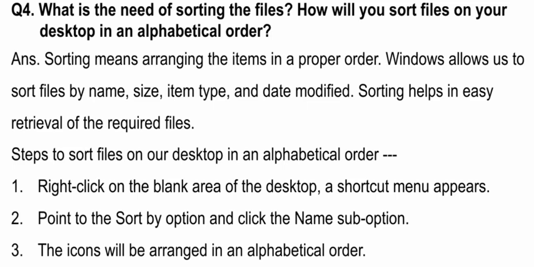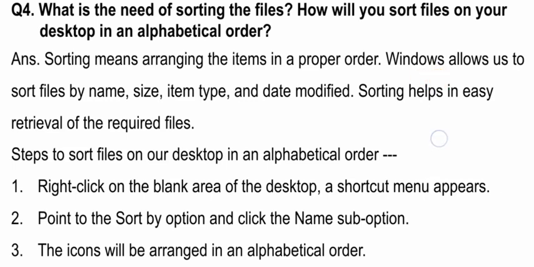Windows allows us to sort files by name, size, item type and the date on which it is last time executed, which is called date modified. Sorting helps in easy retrieval of the required files. So, sorting will arrange the file names in alphabetical order as the words are arranged in the dictionary, which makes it easy to search the files.